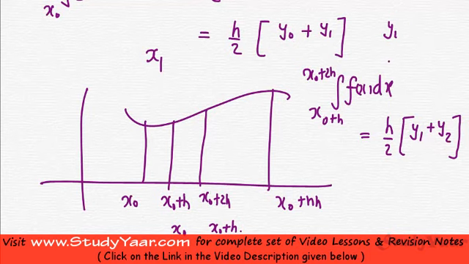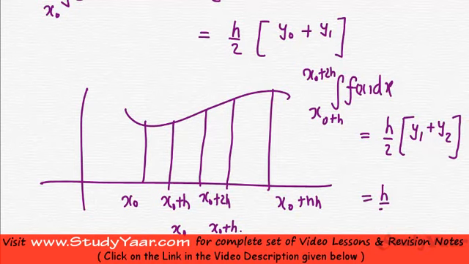Similarly, what is your integration from x0 plus 2h to x0 plus 3h? It is going to be equal to h by 2 into (y2 plus y3).